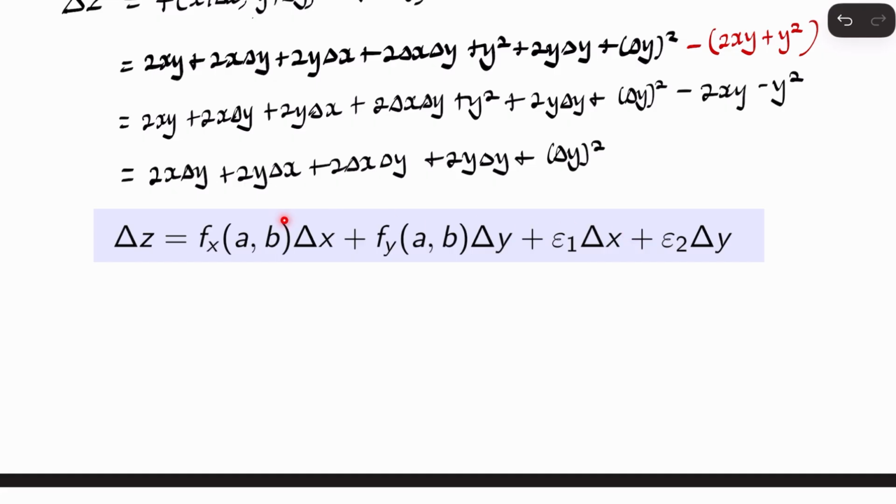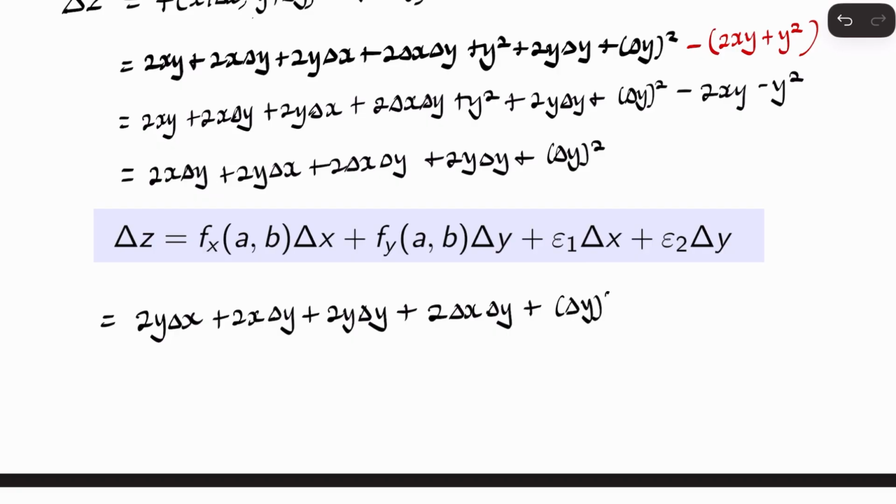From the question, we have to rewrite our answer in this form, right? So now let's rewrite this expression. We have 2y delta x because we need to write it as the first term. Then we choose those with delta y. That gives us plus 2x delta y plus 2y delta y, then plus 2 delta x delta y, then plus the last term, delta y all squared.